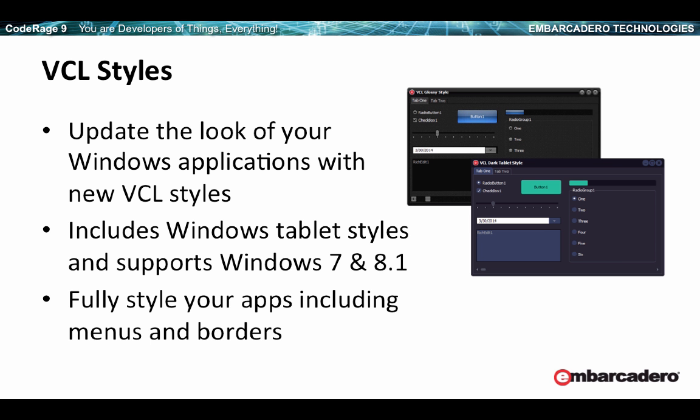Now, there is one specific extra feature in styling in XE7, that is the support for a tablet style with larger elements and touch-enabled style. But the other thing that was added in XE6 was the ability to style menus along with borders and all of the other elements of an application.